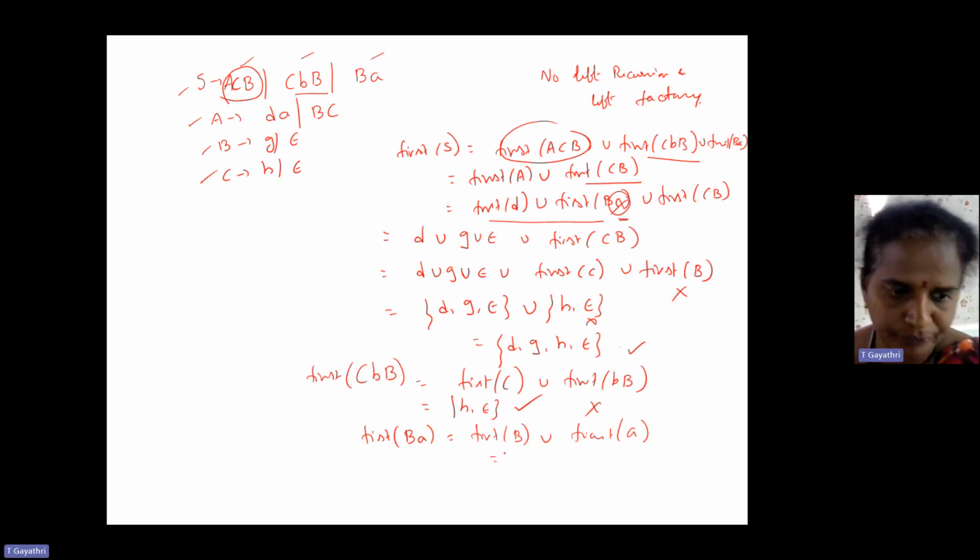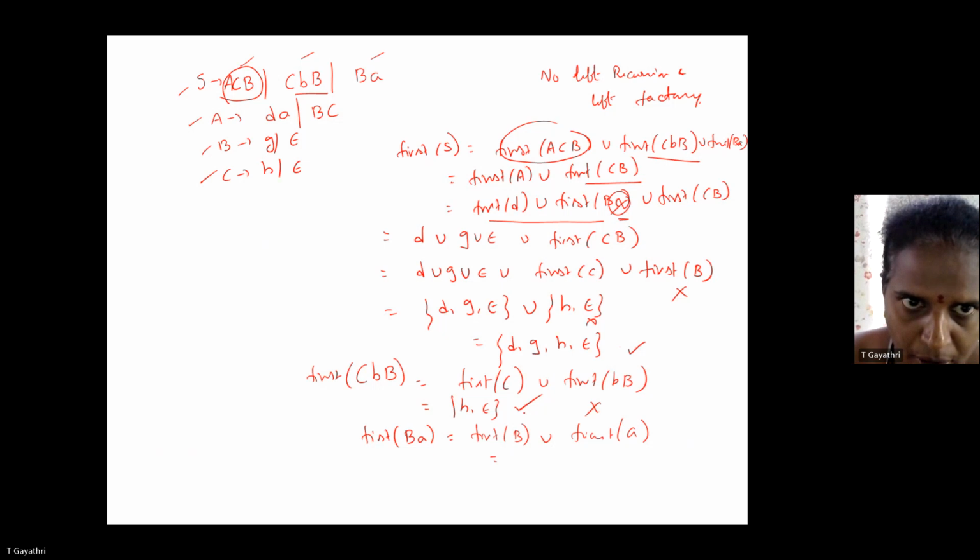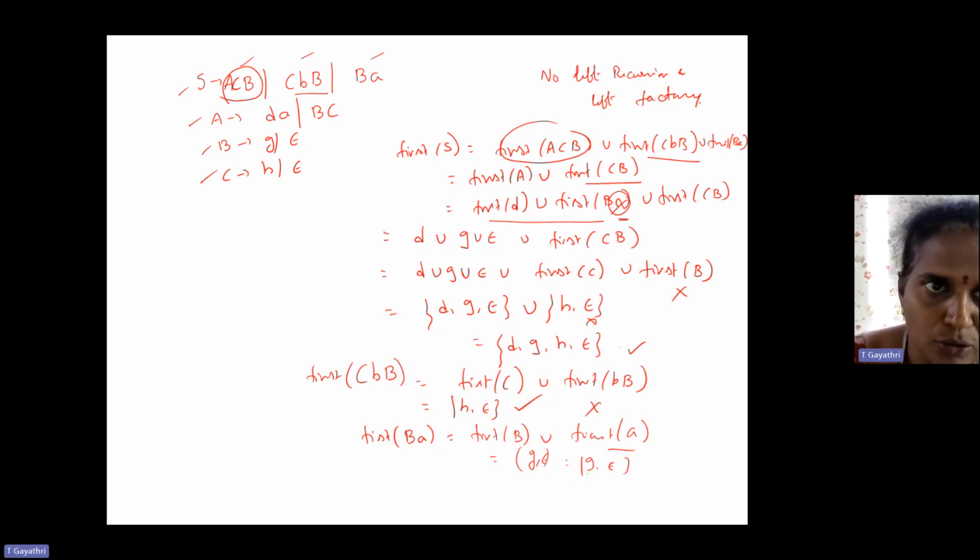That is equal to g, and epsilon is also there, right? So no need to go here. Epsilon. Okay. So like that we can find out the first of S values.